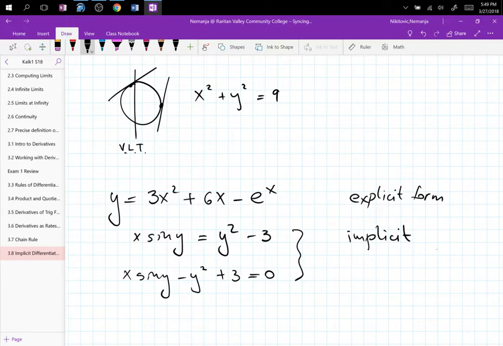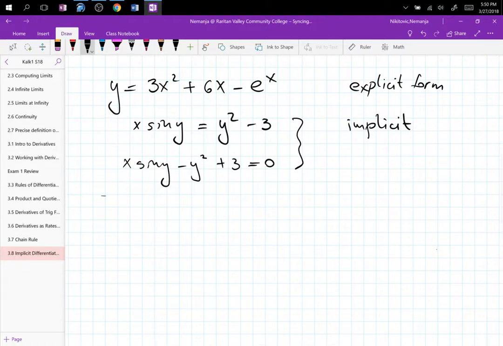Plus the y squared, you can't do much about that either, because if you take the square root, you will have plus minus, which immediately bifurcates your answer. So we have explicit forms, and that's for functions, and then we have implicit forms for relations that are not functions. And now that we have the implicit form, we can start taking derivatives.